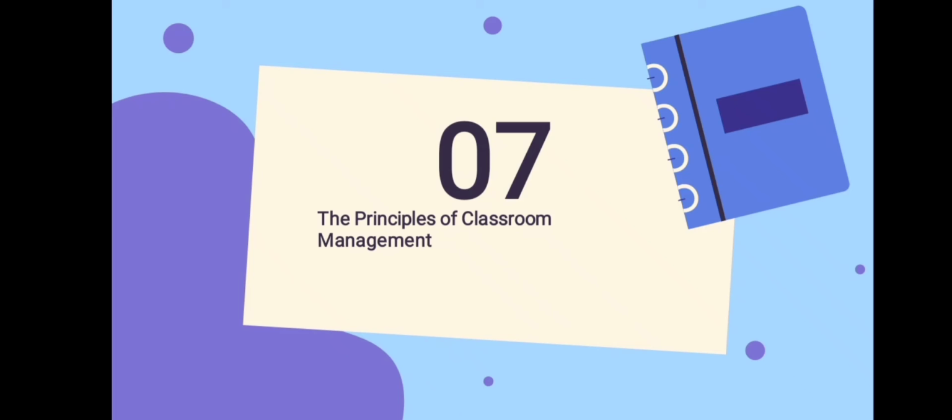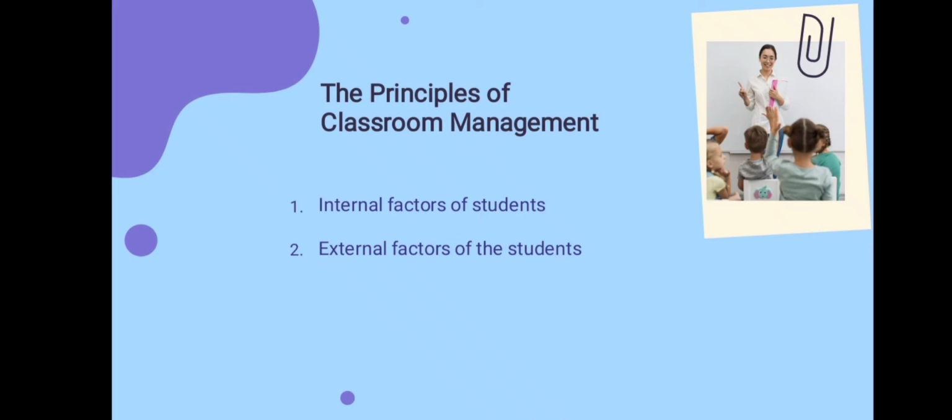Okay, next to the new slide, the principles of classroom management. Managing a classroom is not easy work. There are many factors that cause complexity in classroom management activity. These factors can be divided into two.